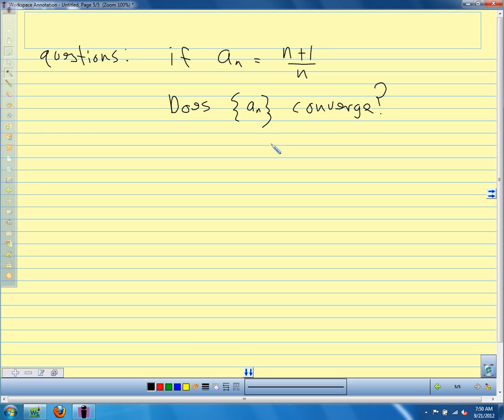Does the sequence a sub n converge? The sequence converges, because as n approaches infinity, a sub n approaches what? 1. So the sequence converges.